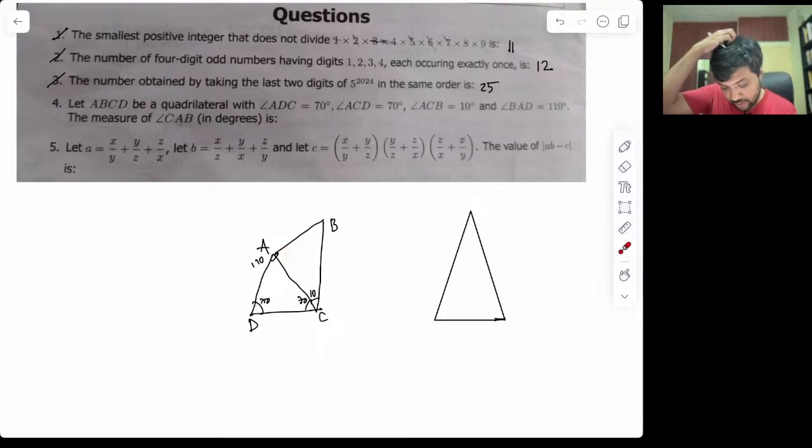So you already know ADC is 70, ACD is 70, ACB is 10, BAD is 110. 70 plus 70 is 140, remaining is 40, and what remains here is 70, 80, and whatever remaining is 100.